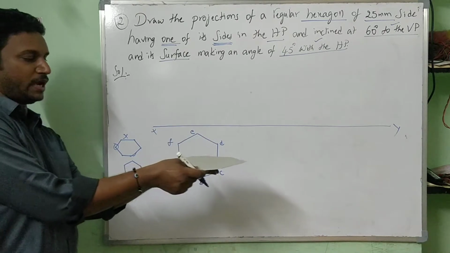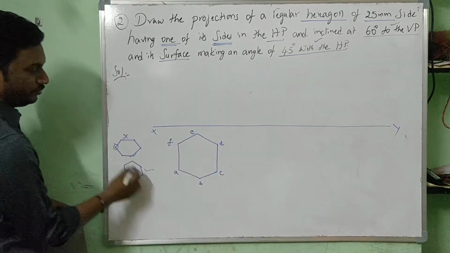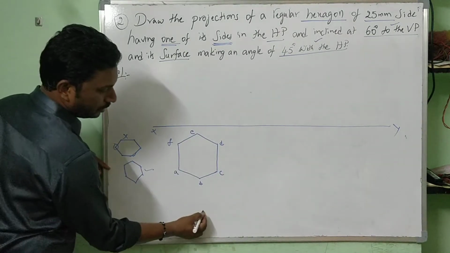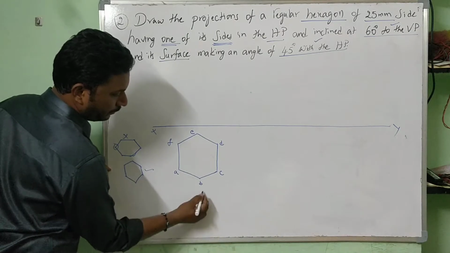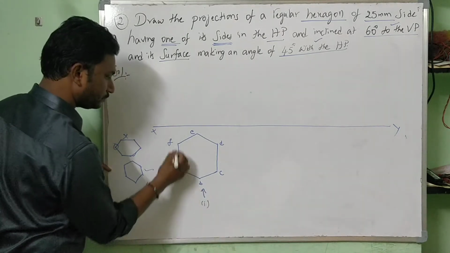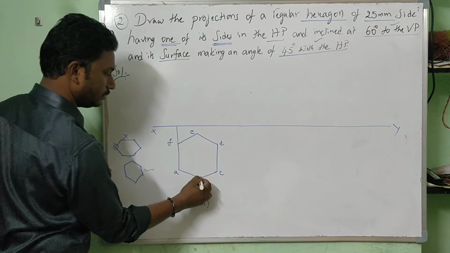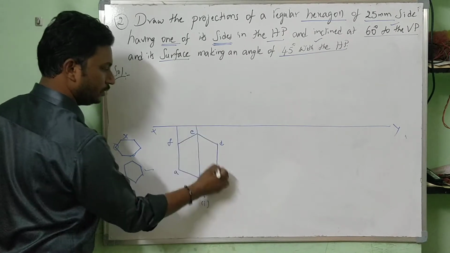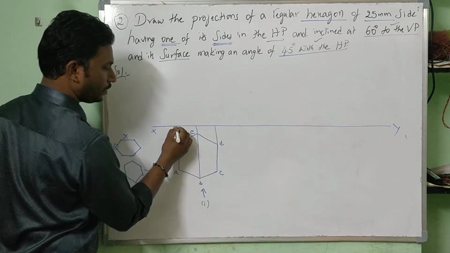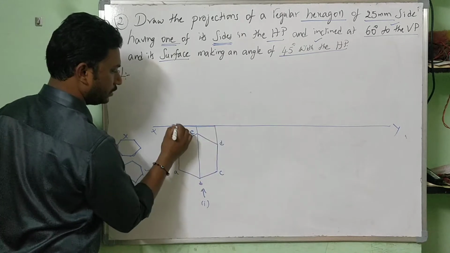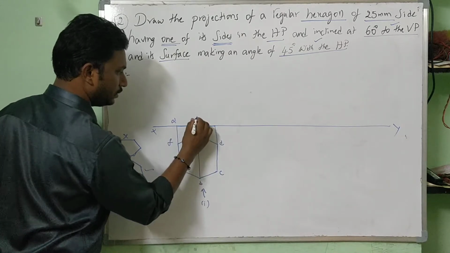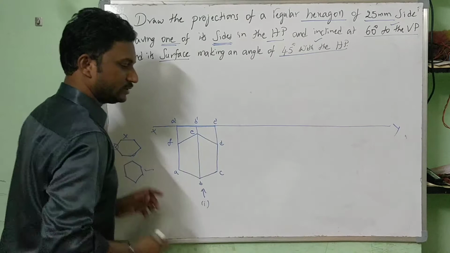If it is corner, I have to draw like this shape, but we have to follow this one. Now from here, step 1. Front view, looking from here, draw projectors from B, from C, draw a line thick, A dash, B dash, C dash.